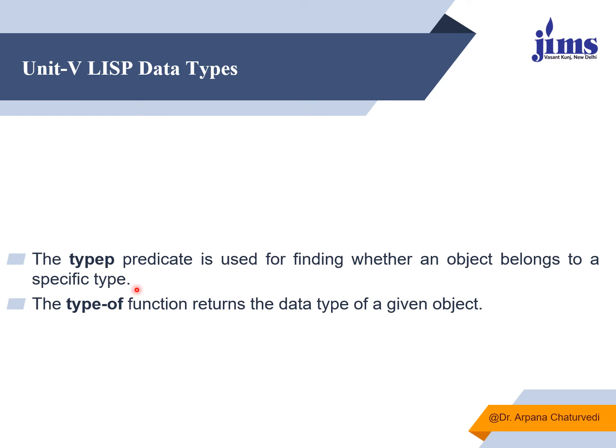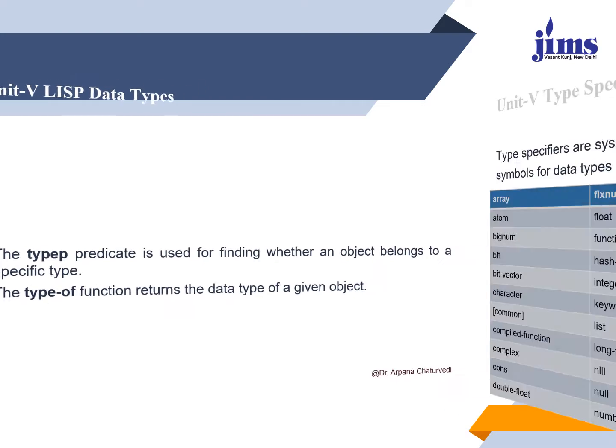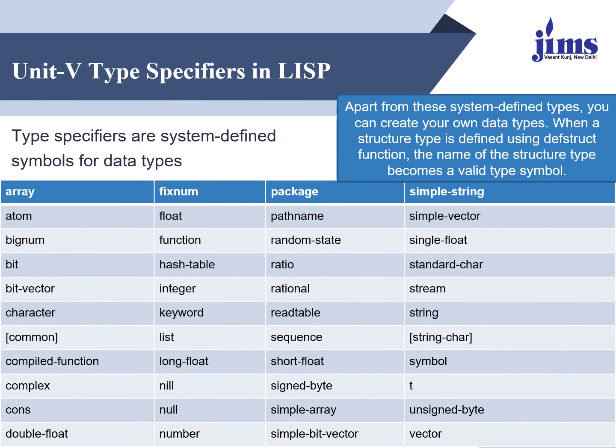P stands for predicate. It is used to find whether an object belongs to a specific type or not. And in case we want to know what type of information an object is containing, what is its data type, we can use typeof. So this we can see in an example also in the coming lecture.